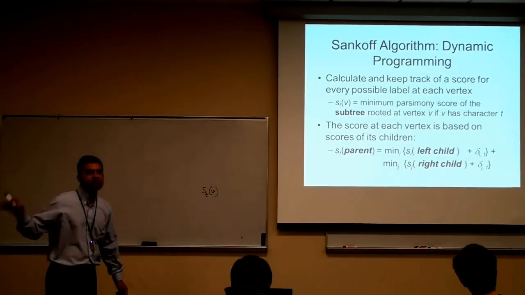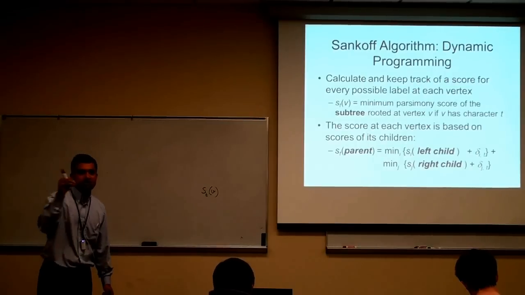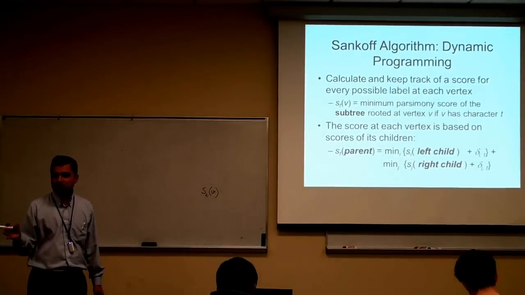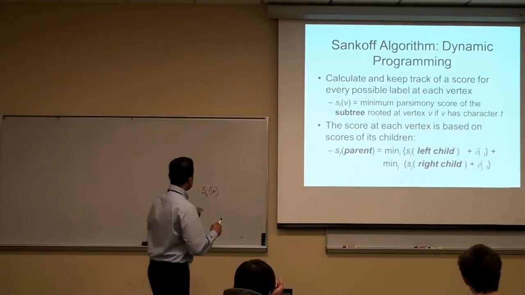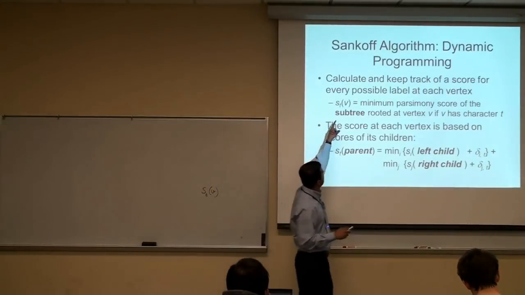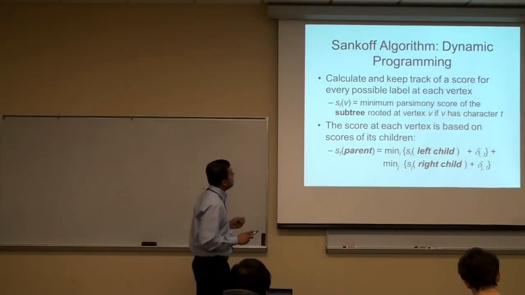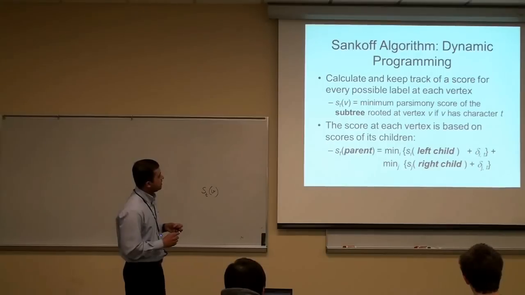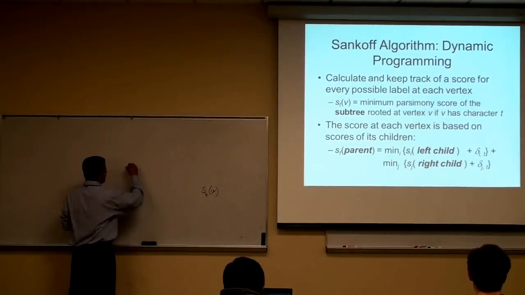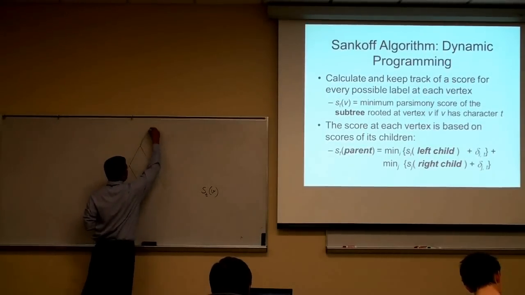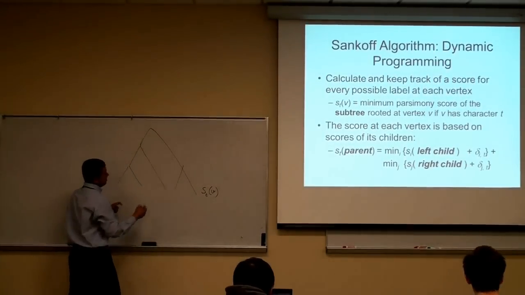Then you define how to compute each cell based on other cells. That's the recurrence part. But the first part is the semantics of the table. And that's what is shown here. S_T of V. So the table is going to be distributed over the tree.